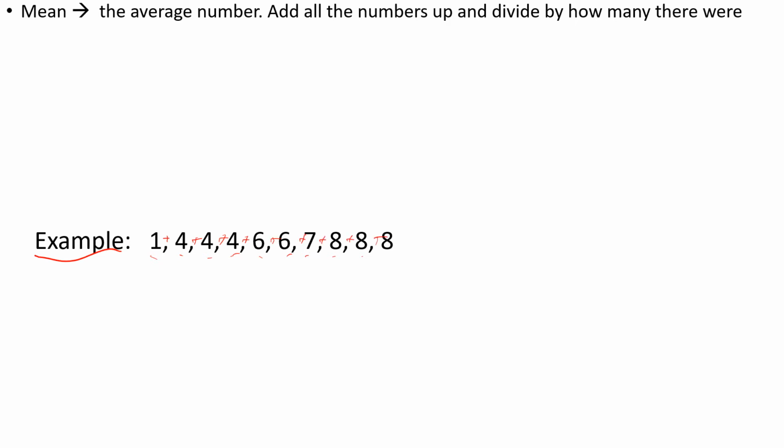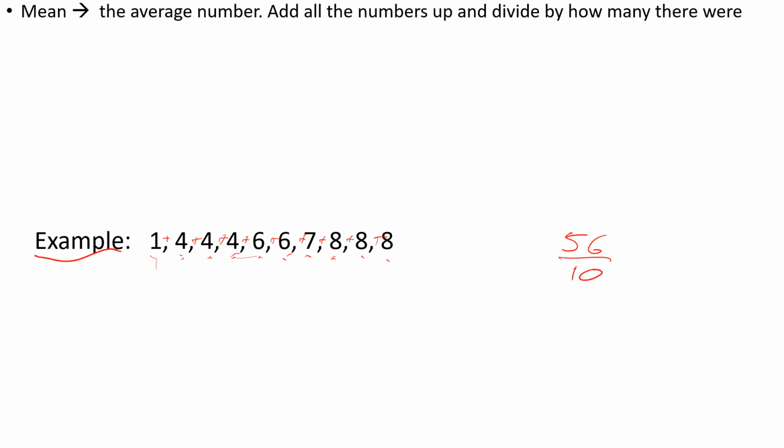And so I'm just going to go 1 plus 4 plus 4 plus 4 plus 6 plus 6 plus 7 plus 8 plus 8 plus 8 equals, and I get 56. Okay, and then I have 1, 2, 3, 4, 5, 6, 7, 8, 9, 10.